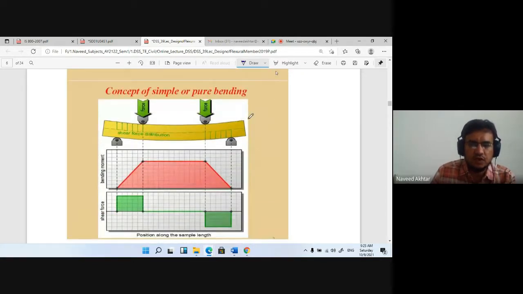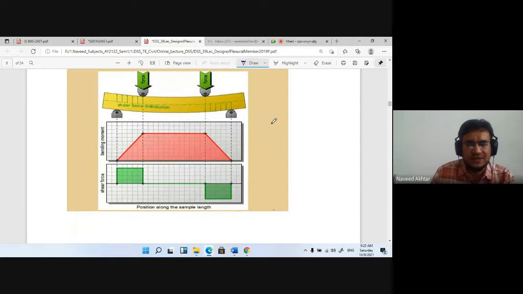Similarly, the concept of pure bending means that there is no shear. From this point to this point, there is no dominant shear force; only bending moment is there.